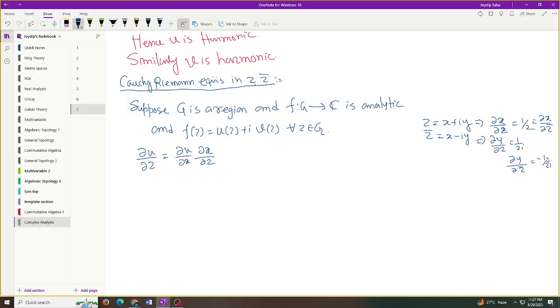Just I put these values: del y, del z equals half, del u.